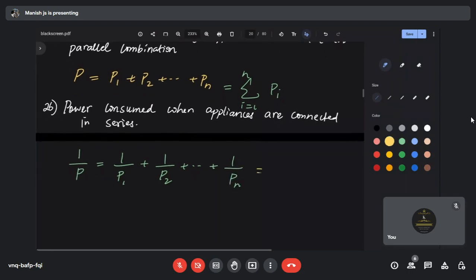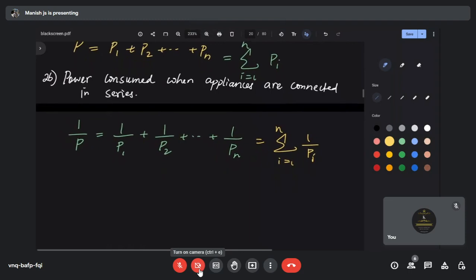It can be expressed in summation also as sigma i is equal to 1 to n, 1 upon Pi. So this is how we can express it.